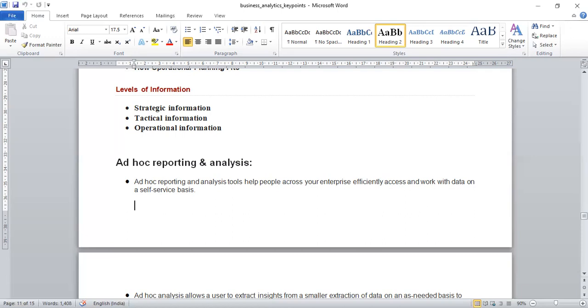Now look at the ad hoc reporting and analysis part. That is, efficiently access the organizational data and work with that data on a self-service basis.